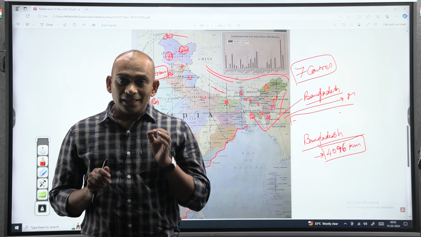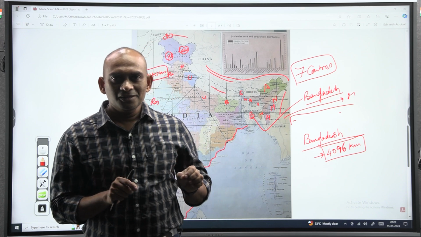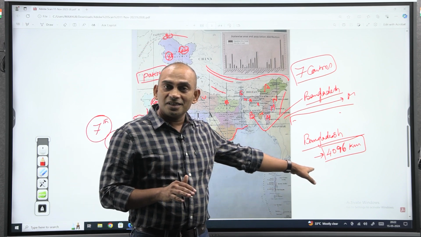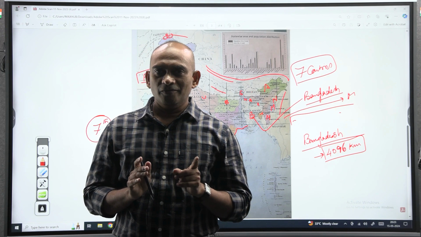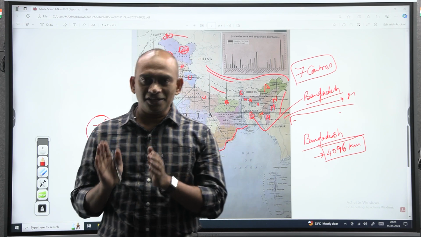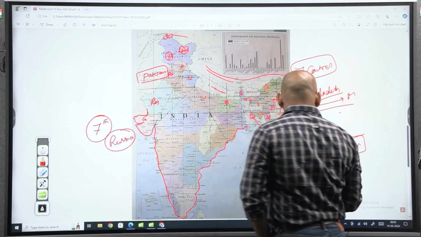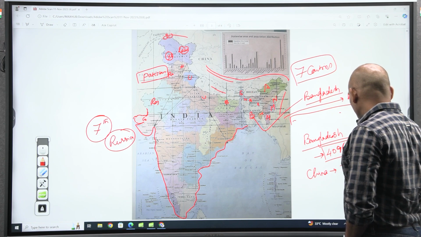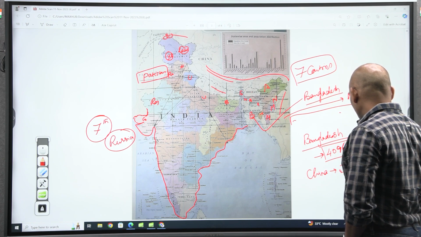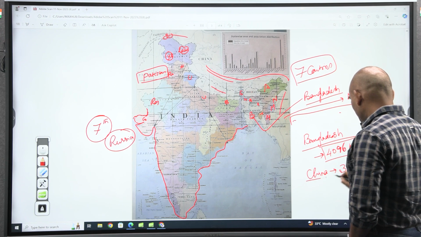If you look at the other countries, we are sharing the largest international boundary with Bangladesh when we compare with other countries. The other country is China. We are sharing almost 3,488 kilometers with China.